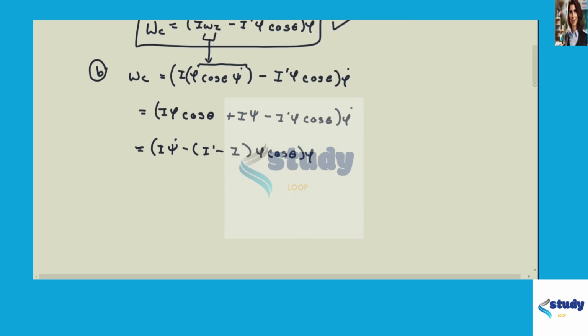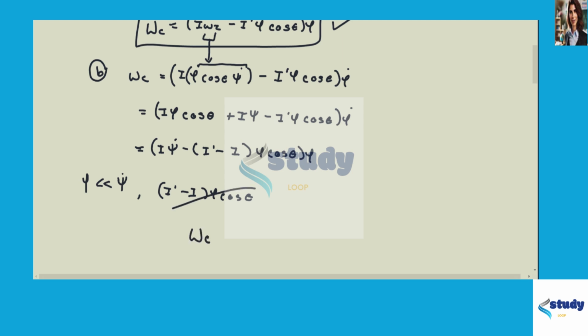Okay. Now, we know that the little phi is going to be less than the big phi, and because of this, your term by cosine theta is going to be negligible, so we don't really need that.